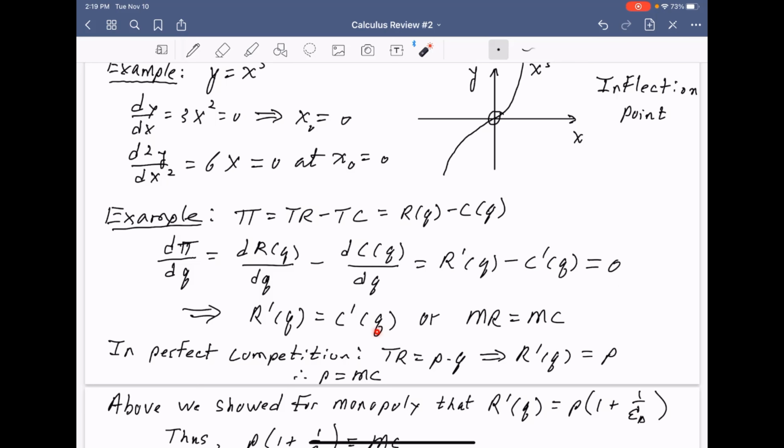Setting those equal to each other, we get R prime equals C prime, or more generally, because R prime is your marginal revenue and C prime is your marginal cost, marginal revenue equals marginal cost.